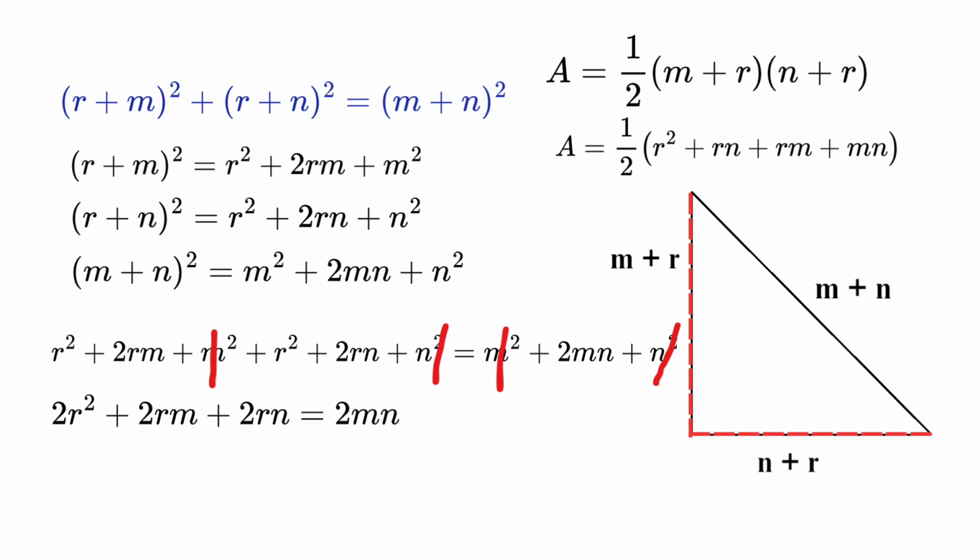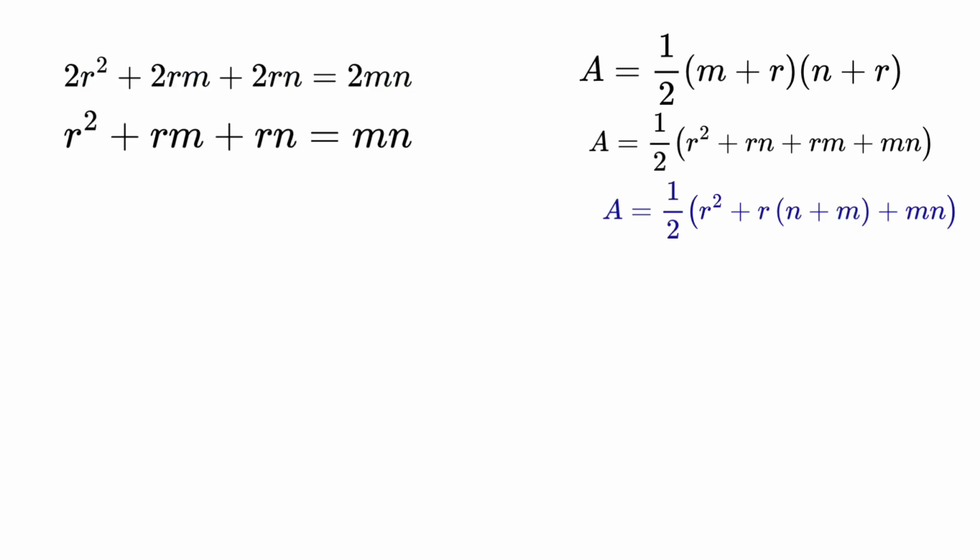Now, dividing by 2, it gives us r square plus mr plus nr equals mn. Finally, factoring out r from the middle terms, we obtain r square plus r into m plus n equals mn. Now, let us proceed further.